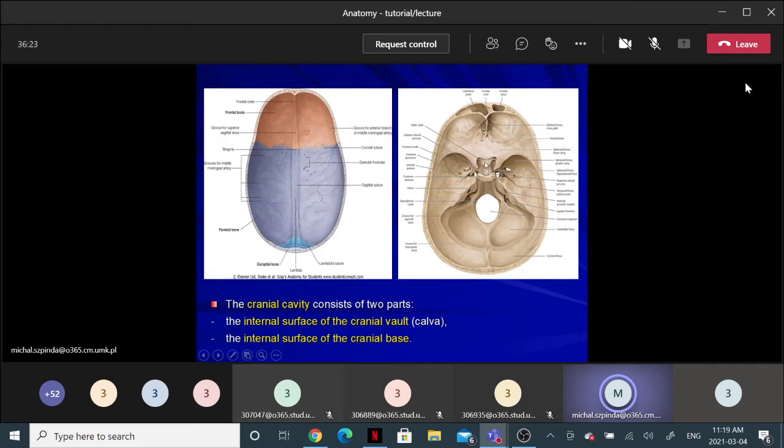Such a groove is limited in front by a prominent osseous ridge. Such a ridge is called the sphenoidal limbus or limbus sphenoidalis.